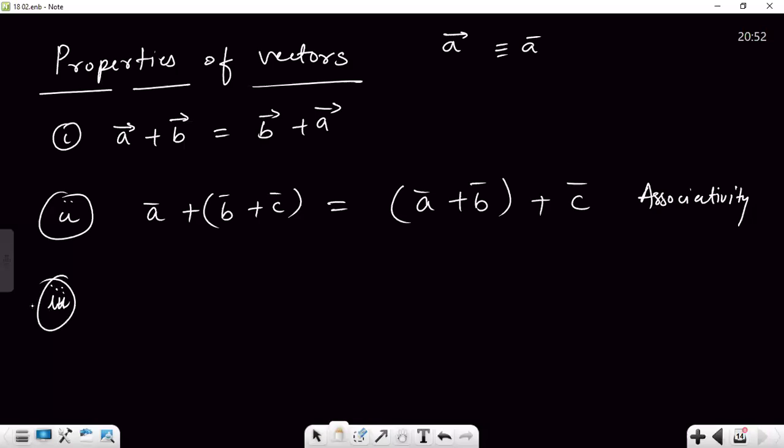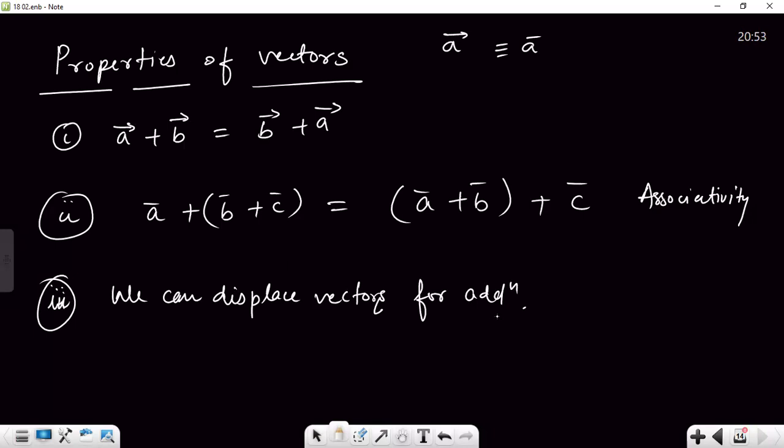Third property, simply that we can place vectors hypothetically for addition.